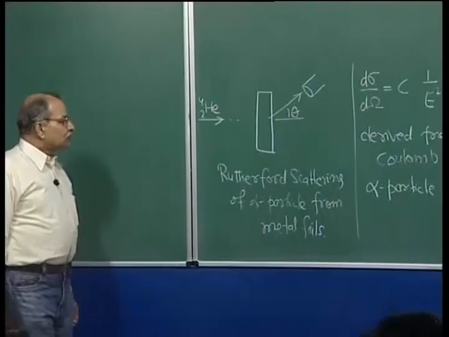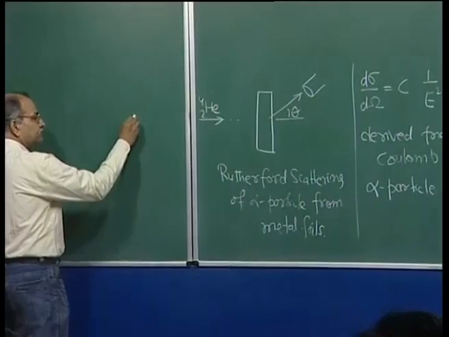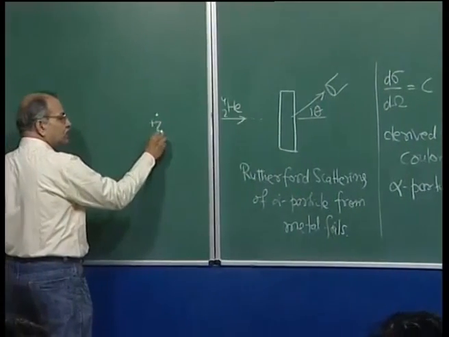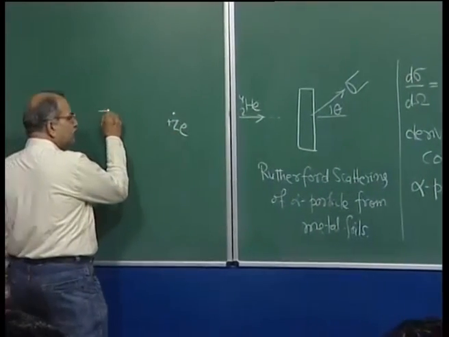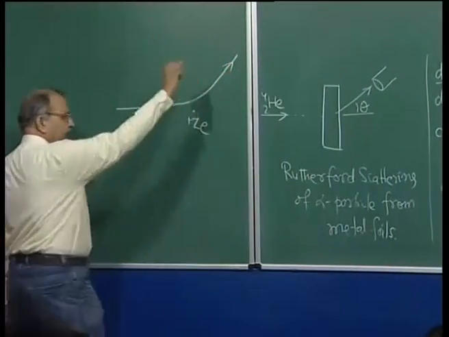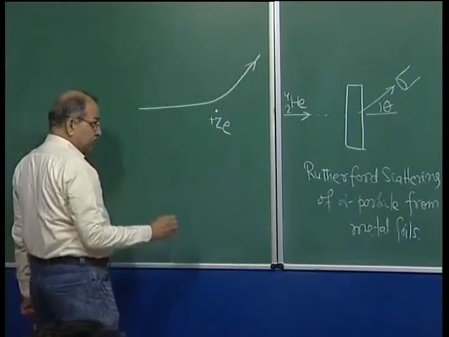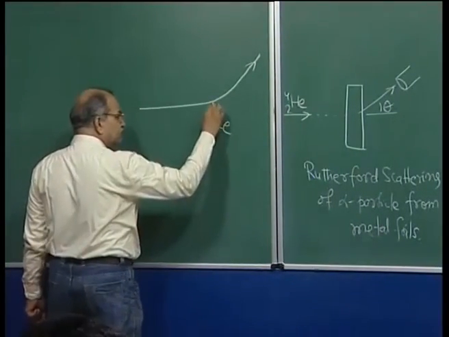So, if you think of a particular event where you have a nucleus here of charge plus Ze, a particle is coming here and then it is getting deviated. This is that hyperbolic path, you know, all that geometry can be done. I am interested in finding this minimum separation here.